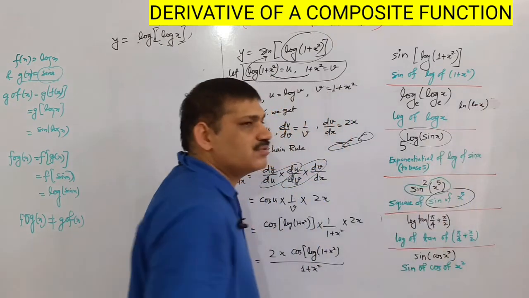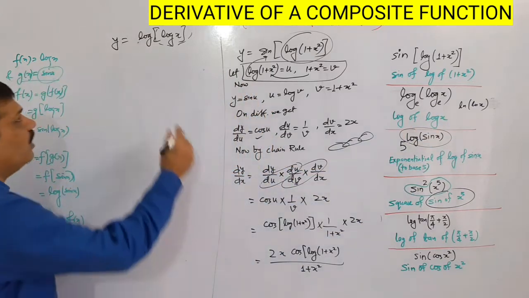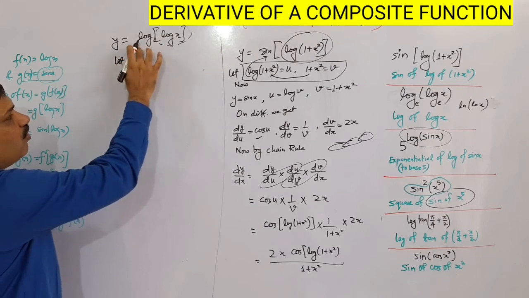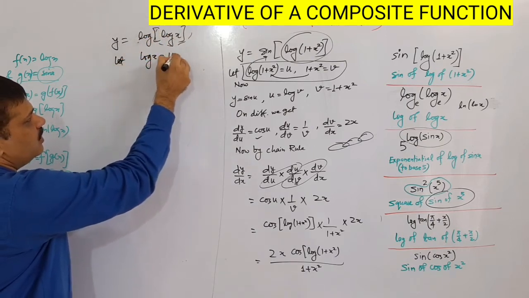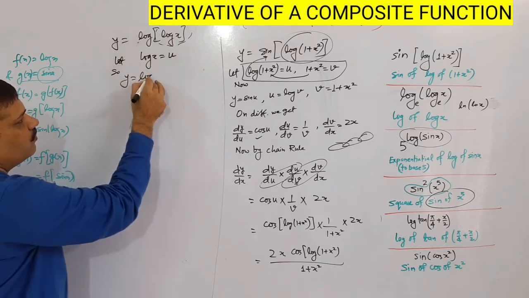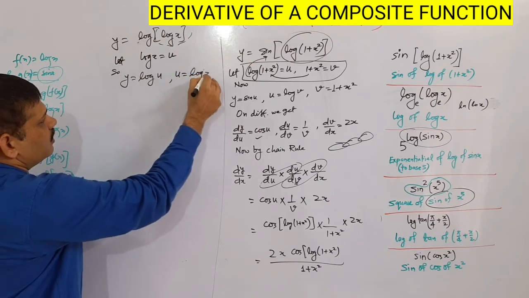That means natural log. Here I have mentioned the base e. Well, so let log of a variable, this log x is to be considered as u, so that we can get y is equal to log of u, and u actually is log x.